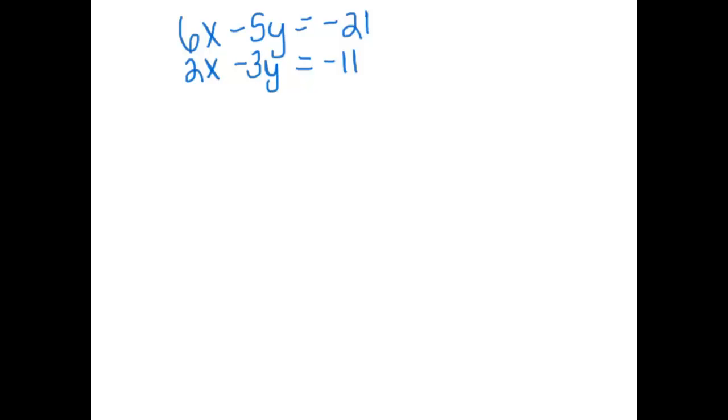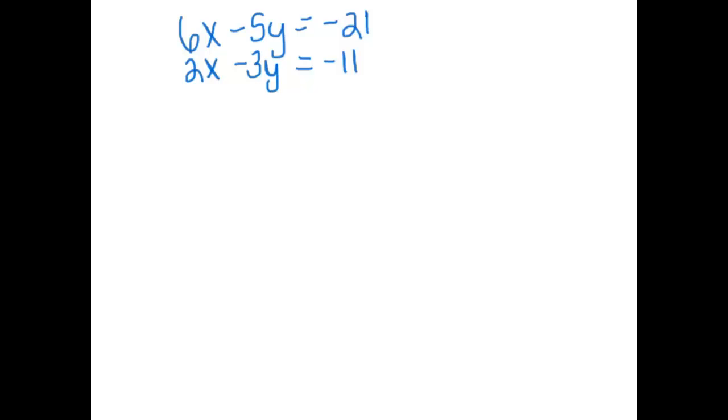This system has a similar setup as before, but notice we don't have those nice opposites that we had before. We didn't have a negative 5y and a 5y. Notice we do have a 6x and a 2x, a negative 5y and a negative 3y. If we're going to use elimination again to try to eliminate a variable, we need opposite terms.